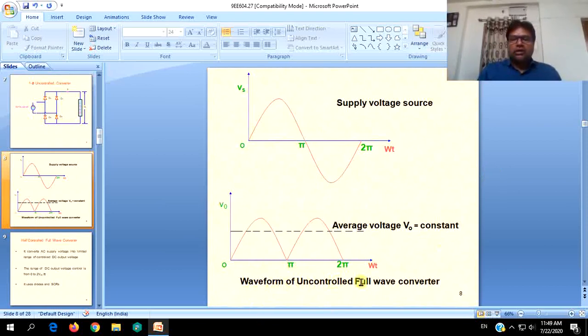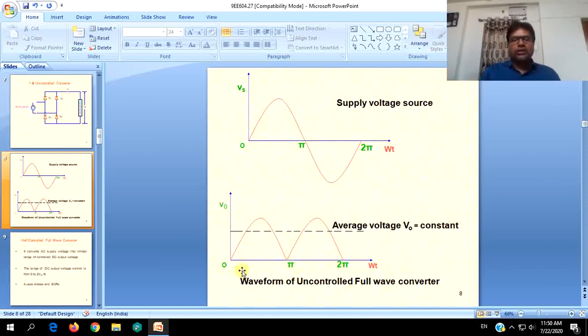For the uncontrolled full wave converter, whatever sinusoidal voltage you get in the positive half, it will appear across the load as it is, and whatever negative sinusoid is fed from the supply voltage will be converted into positive value, and in terms of magnitude and variations it will be just similar to this negative wave.